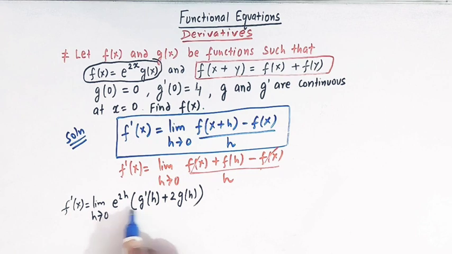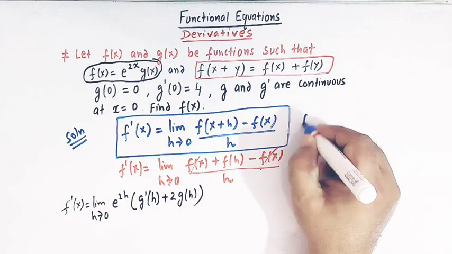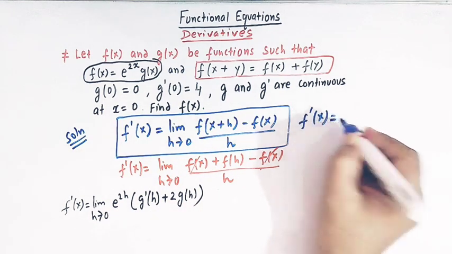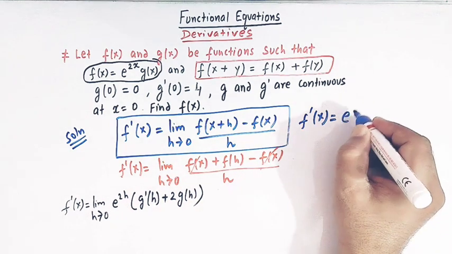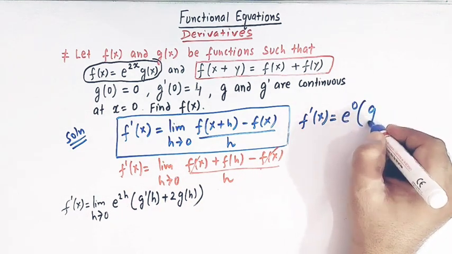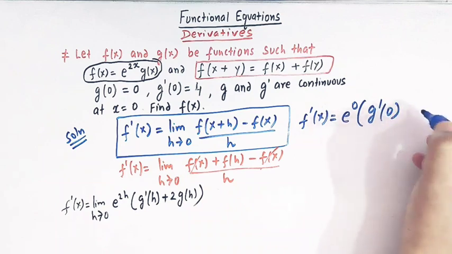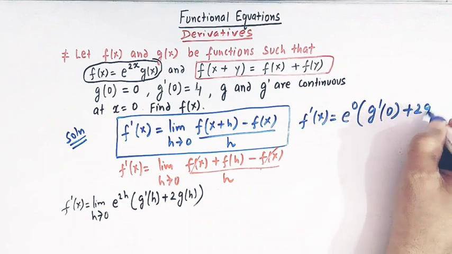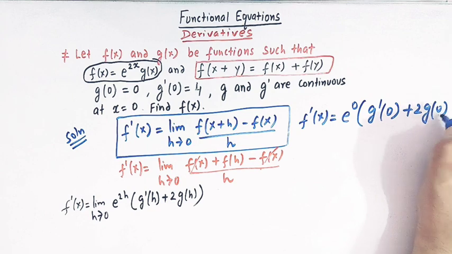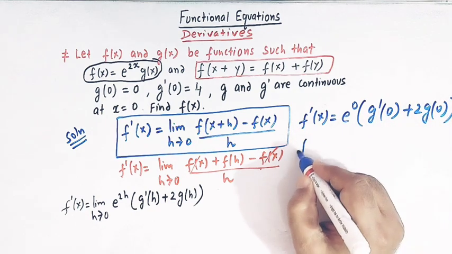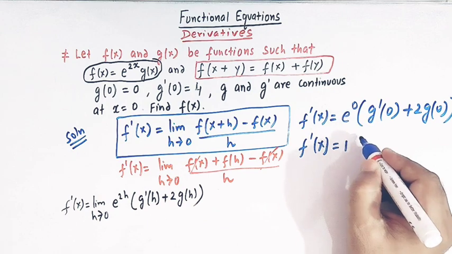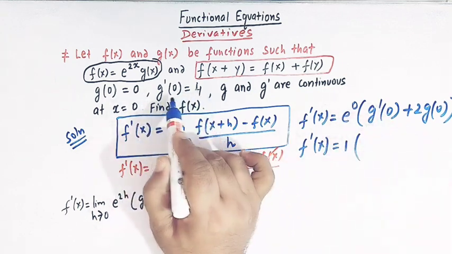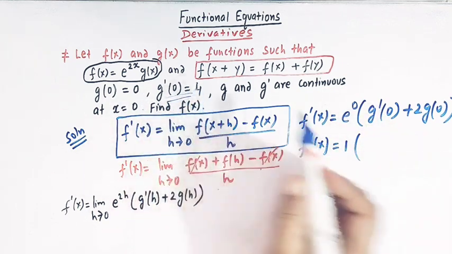So now let us take the limit here. So f prime of x is equal to, taking h equal to 0, e raised to 0, then g prime of 0, then 2 times g of 0, right? So f prime of x is equal to, e raised to 0 is 1, g prime of 0 is given as 4, right?